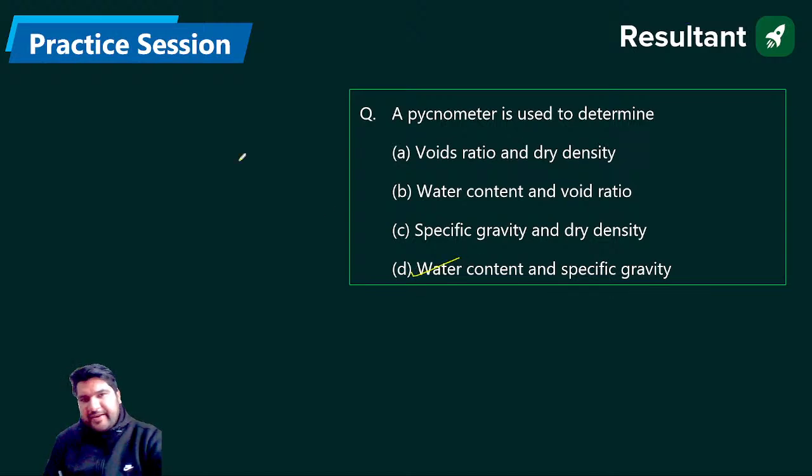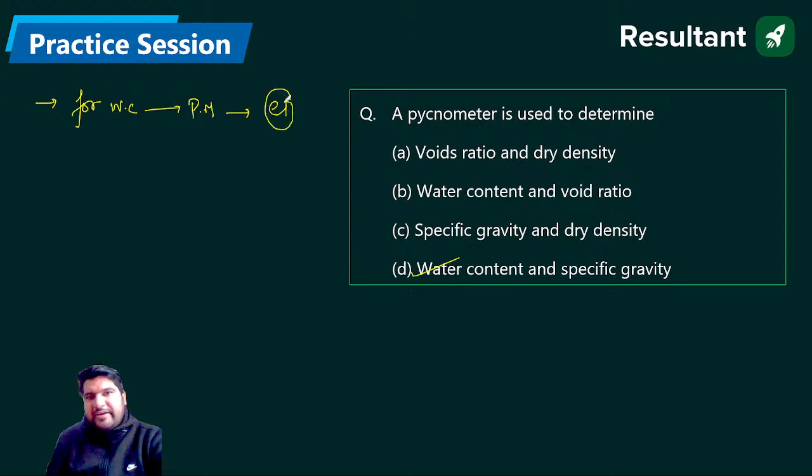For the calculation of water content by the picnometer method, you must know the specific gravity of the soil, G of the soil. And remember, this is used for coarse grained soils. Coarse grained soil is absolutely correct. So this picnometer is used for water content and the specific gravity.